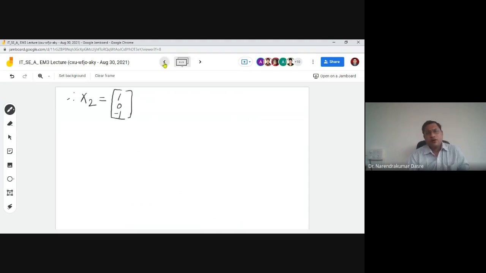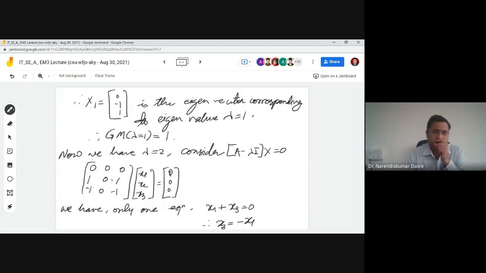Okay. Now, apart from this, you can see that any non-zero value of x2 will satisfy this. Are you getting this system? If you look at this system, any non-zero value of x2 will satisfy these equations. Is that true?